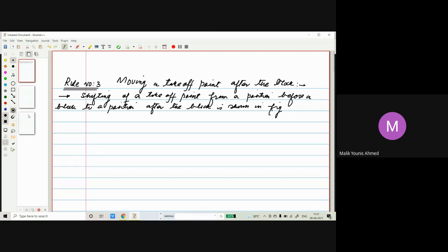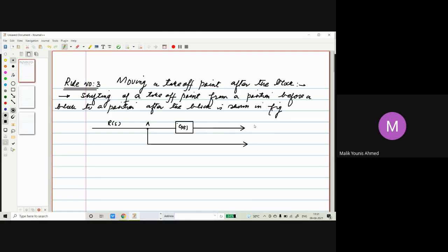So let's see. This is your transfer function, and this is as usual R(s), that is your input. Let's say this is position A for the takeoff point, and this is your transfer function G(s).